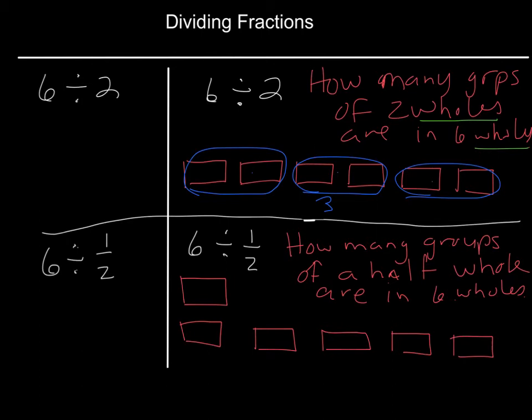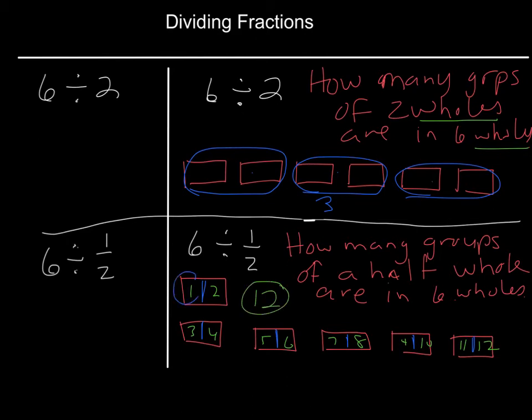So then I would cut each one of these in half, and that's my half holes. So if I want to count half holes, I see I have 1, 2, 3, 4, 5, 6, 7, 8, 9, 10, 11, 12. So I have 12 half holes in 6. So the answer to this would be 12.